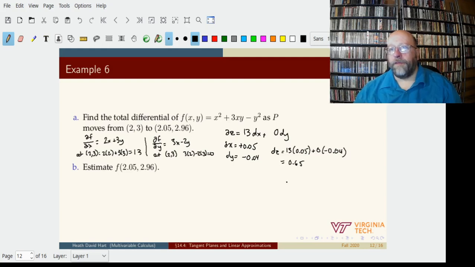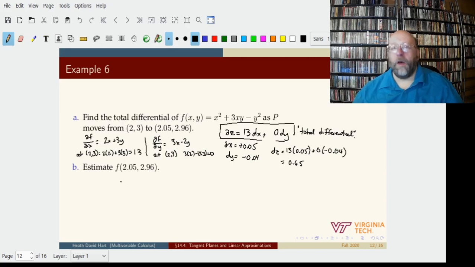So that's the change in z. That's the total differential here. We're only measuring the change in the tangent plane, not the entire tangent plane, when we do this.